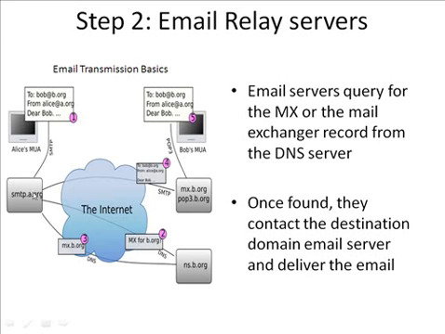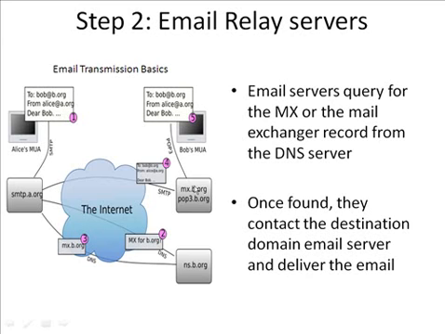Once a.org's SMTP server has that, it contacts the SMTP server of b.org and delivers the email which was sent by Alice from a.org to bob@b.org. Then finally Bob's mail user agent retrieves the email from his local email server.